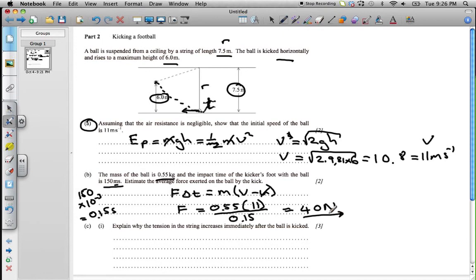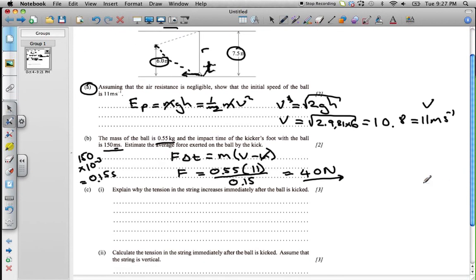Now, the next question here is quite an interesting one. Explain why the tension in the string increases immediately after the ball is kicked. So just before the ball is kicked, the tension basically is equal to the weight, mg.